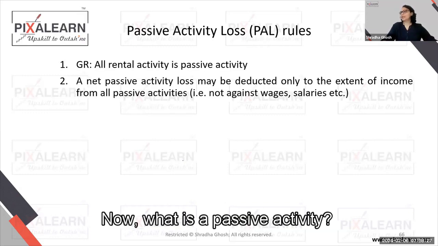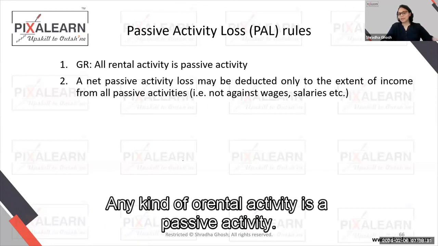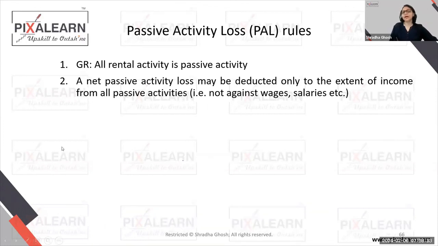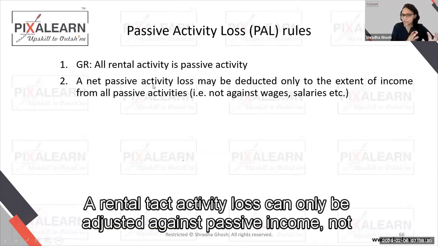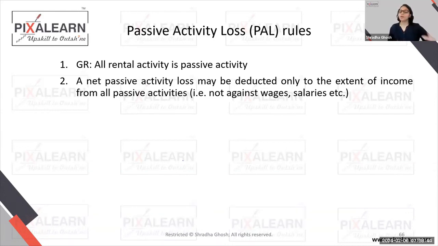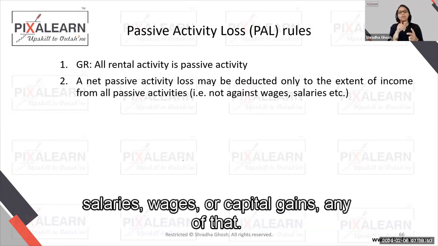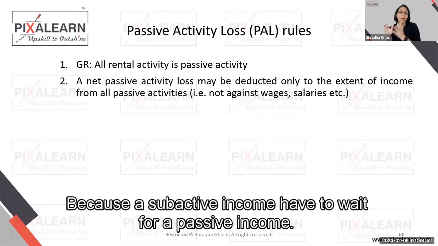Now, what do the passive activity rules tell you? They are very clear. Any kind of rental activity is a passive activity. A rental activity loss can only be adjusted against passive income, not against other heads of income, which we just saw, right? That rental home that I had with that extra depreciation of 3, I can't knock it off against salaries, wages, capital gains, any of that. Why? Because it's active income.